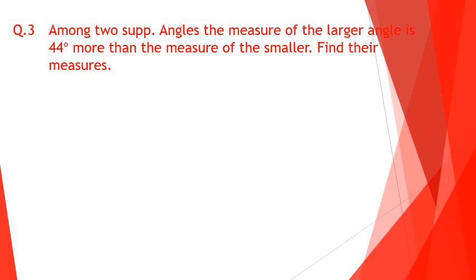They have given one clue: the larger angle is 44 degrees more than the smaller angle. We don't know the measure of the smaller angle or the larger angle, so we can assume a variable for the smaller angle.